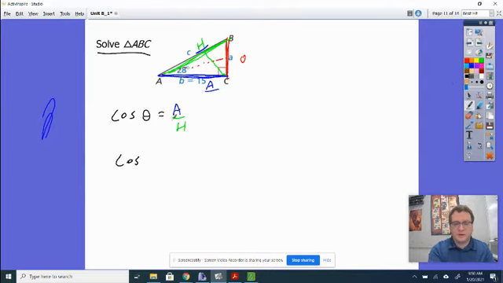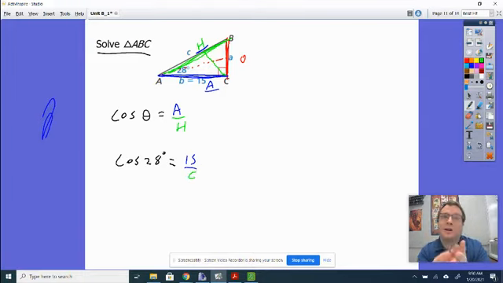We're going to say the cosine of my angle, 28, is equal to 15 over some number. Let's actually call it C so there's no confusion. Okay, so in this case, where my variable is in the denominator, I have to do a little bit more work, but it's not too bad.